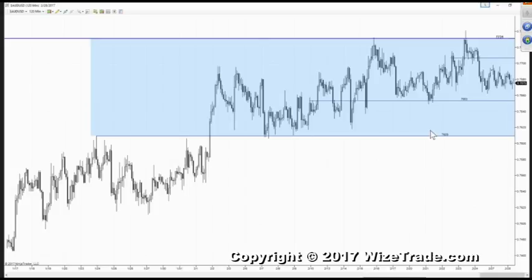So we'll see, I mean, this is just the bottom of this range here. I think that's where the support, remember, you're going to see some support come in. We'll have to see what happens.